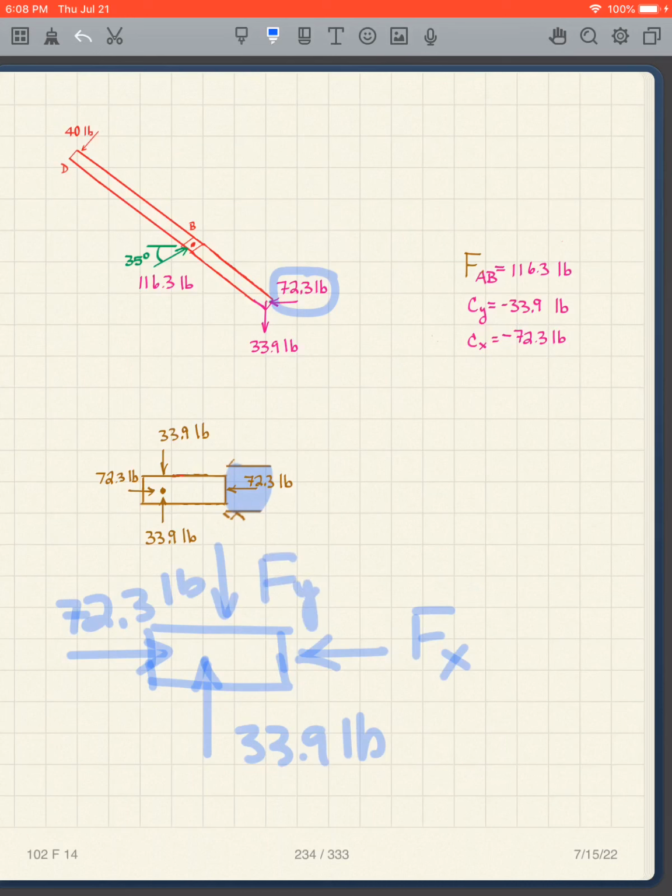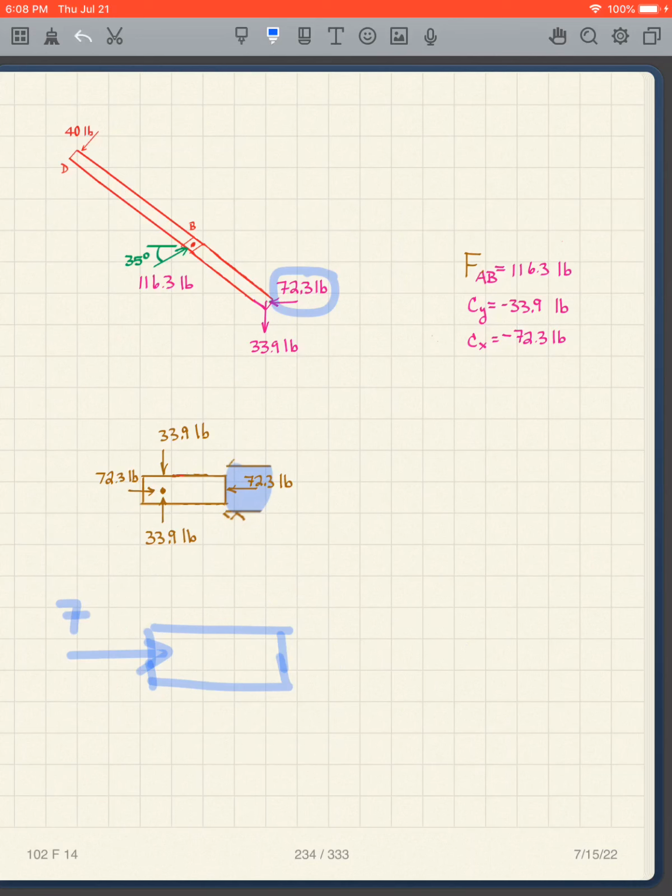In other words, the piston has to be in equilibrium also. So what we find is that the compacted material pushes back with 72.3 pounds, which means we compact the material with a force of 72.3 pounds. And so that answers our question. We apply 40 pounds and we get a compressive force of 72.3 pounds.